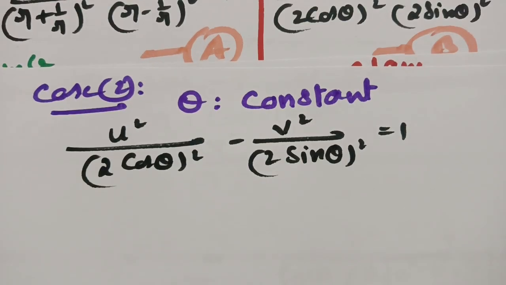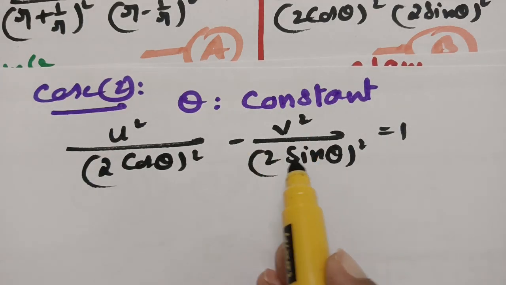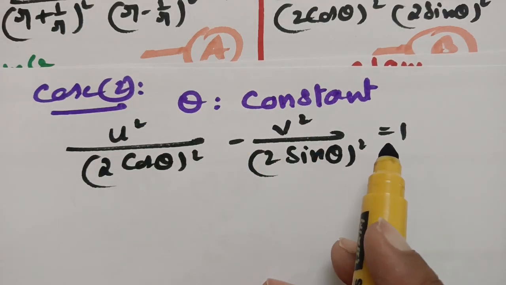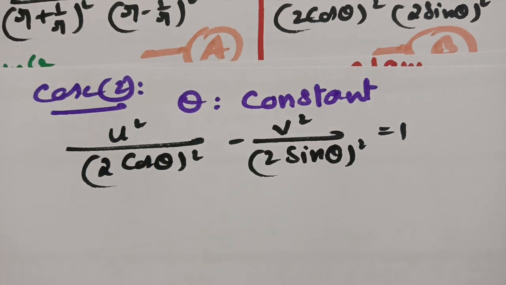If you observe properly, this is a hyperbola. X square by a square minus y square by b square is equal to 1 is a hyperbola. As it is in terms of u, v, we have to represent it in the w plane.